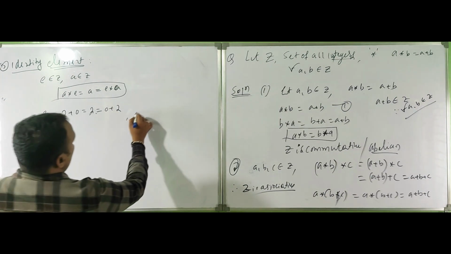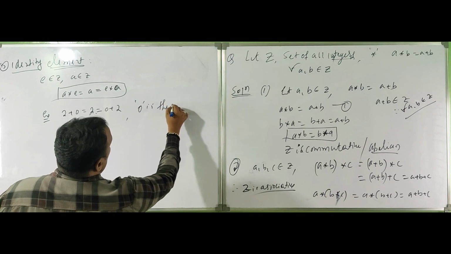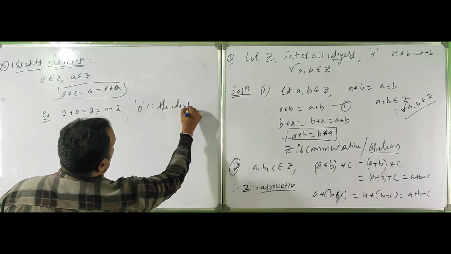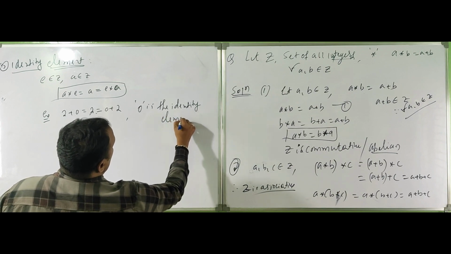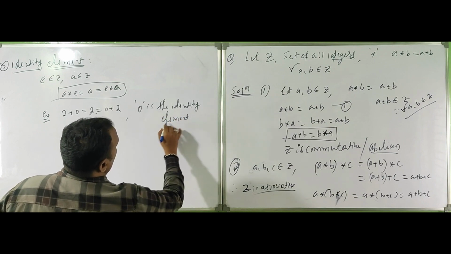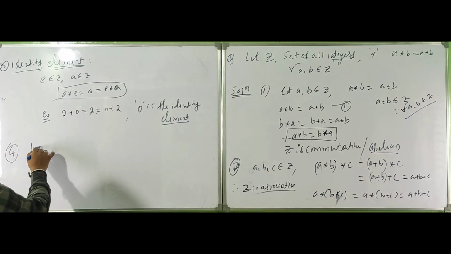Therefore, 0 is the identity element. Fourth one is the inverse element.